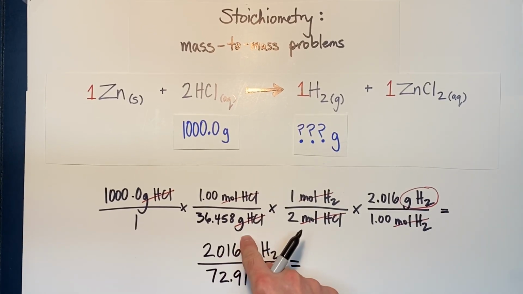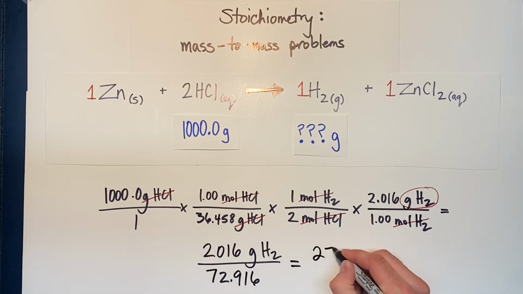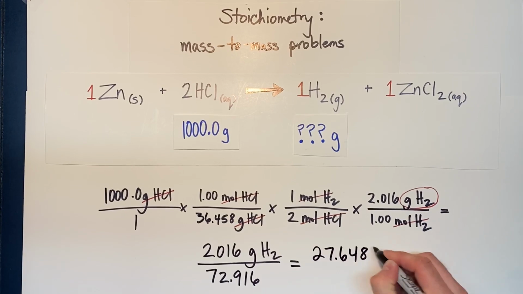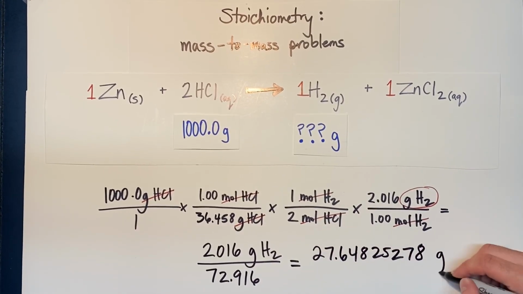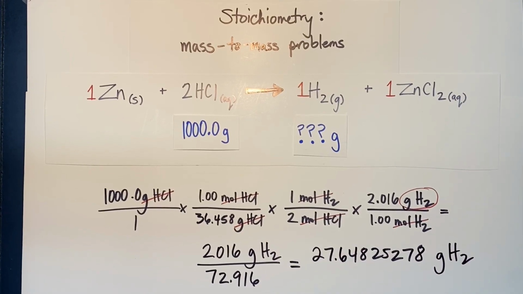Now we divide the top number by the bottom number. 2016 divided by 72.916, and our long answer has many digits in it, grams of hydrogen.